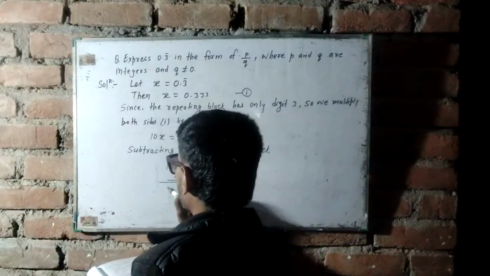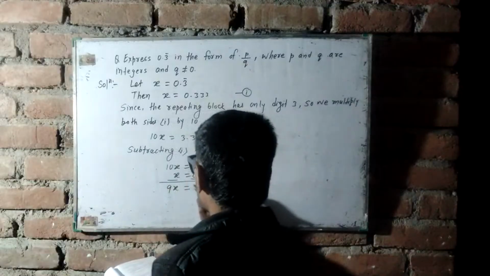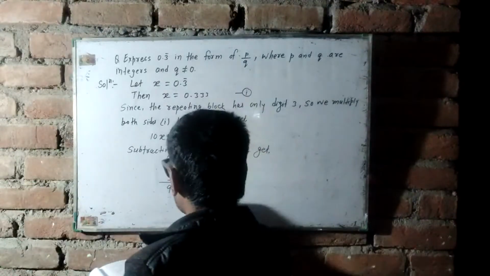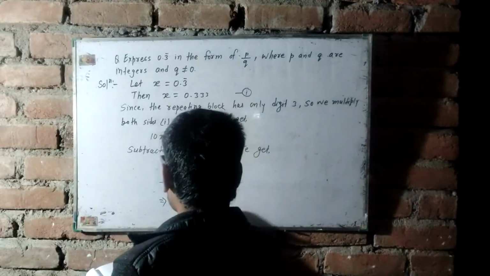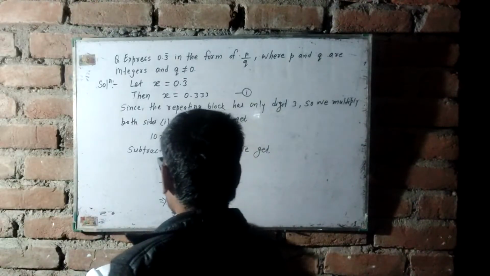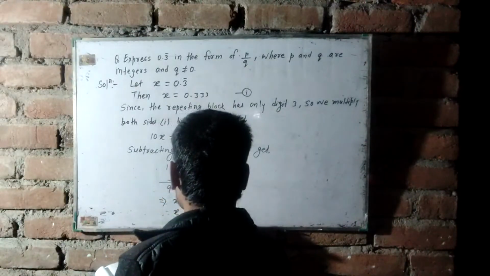On the left hand side 9x, on the right hand side 3.000. That implies that x is equal to 3 upon 9. Hence x is equal to 1 upon 3.